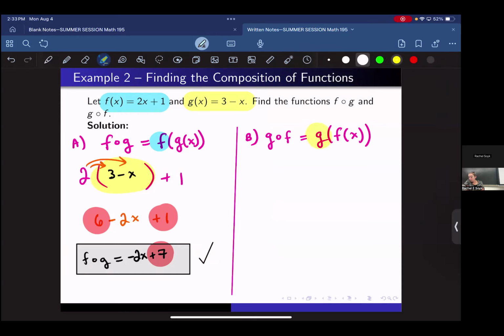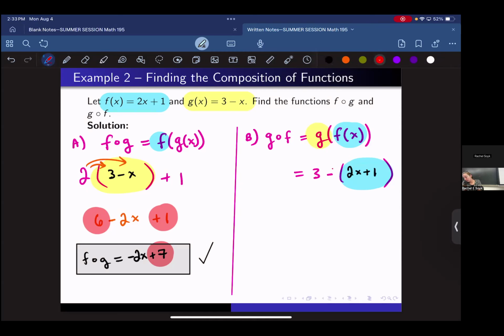So let's look at the parent, and wherever you see an x in that yellow function, you're going to just put in a big giant parentheses, because what's going to go inside there is your child, which is now blue, and that's just 2x plus 1.